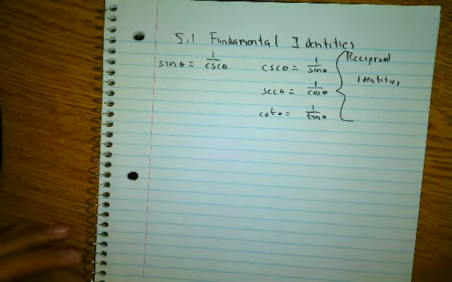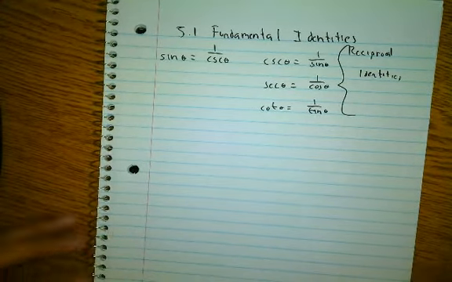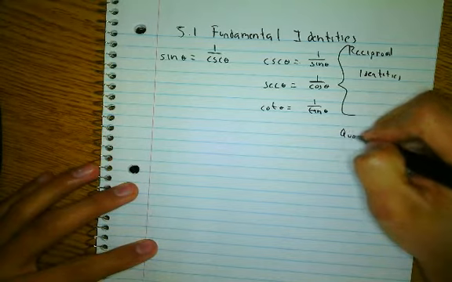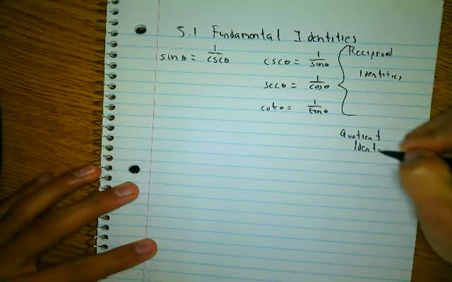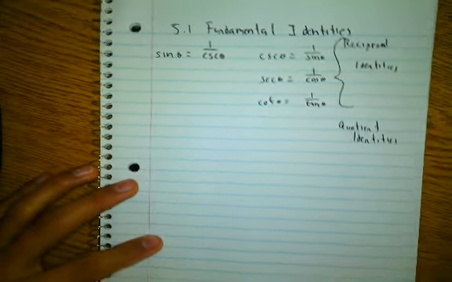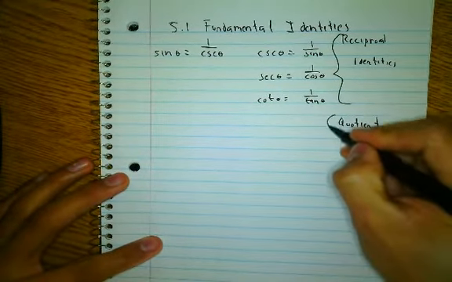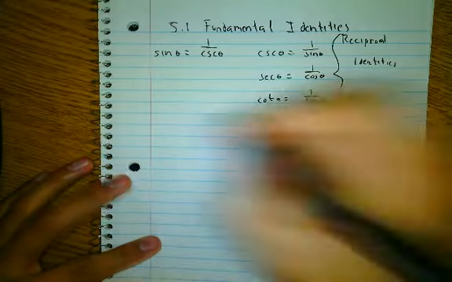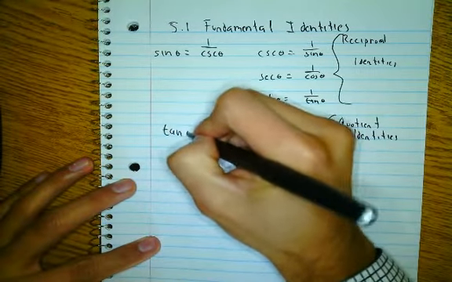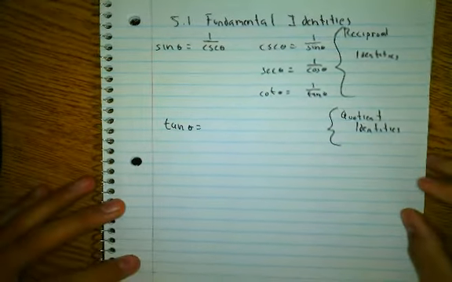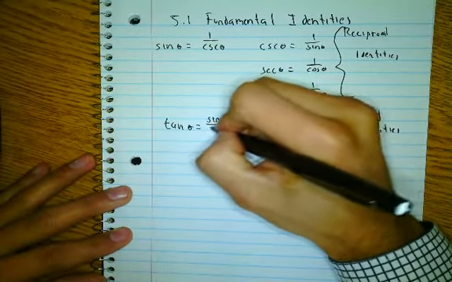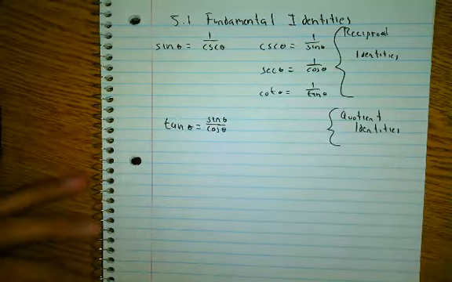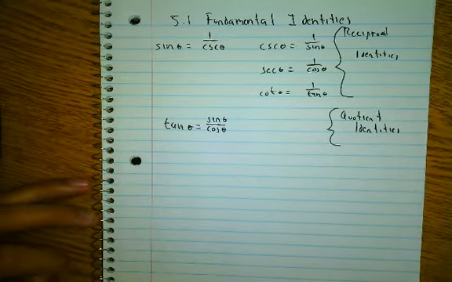Agreed? Okay. Then we have something called quotient identities. And you already know this as well. You know that tangent of some angle is the same thing as sine over cosine, right?